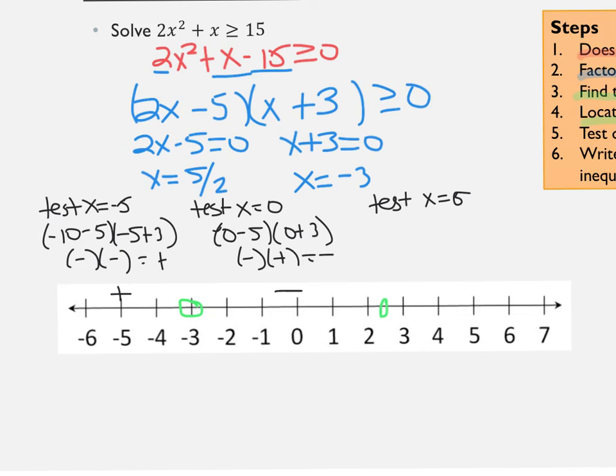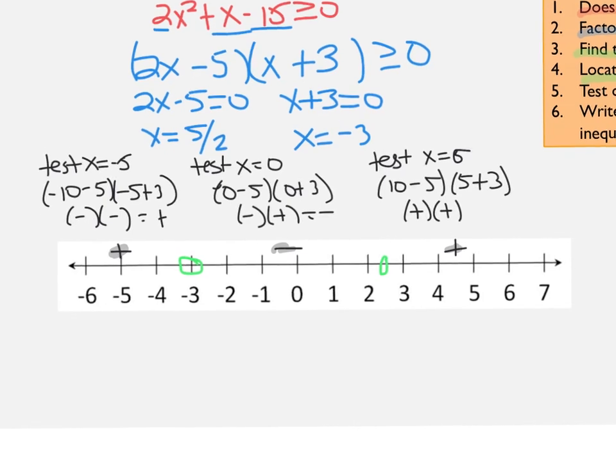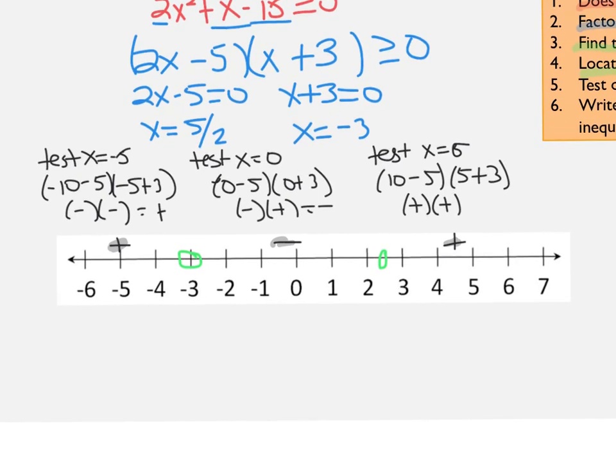Okay, so let's see. We'll have 10 minus 5 times 5 plus 3. So we'll have a positive times a positive. And then if you notice also that we went from a positive, then to a negative, then to a positive. So the sign switched in between the zeros. That should be the case, at least in this class.